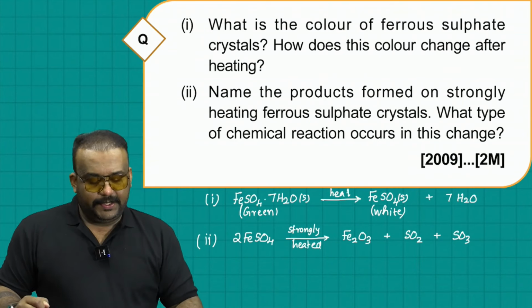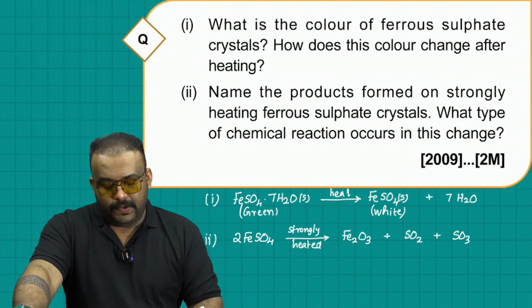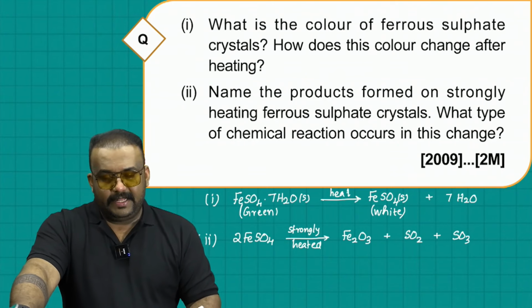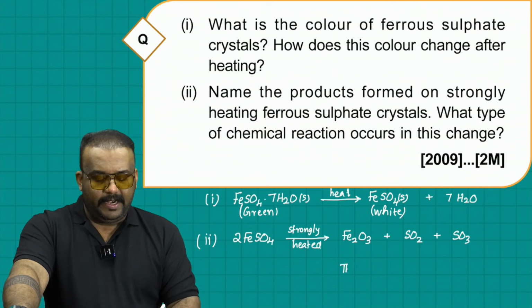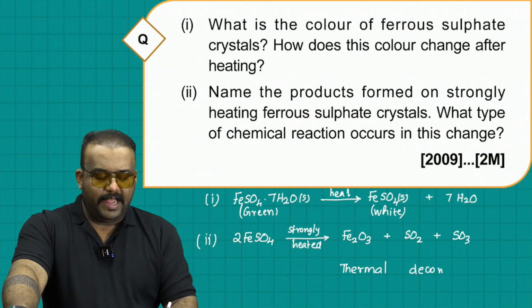So, the balanced equation is 2FeSO4 breaking down into Fe2O3 plus SO2 plus SO3. So, it is an example of thermal decomposition because we are heating it and making the decomposition happen. Is it clear?